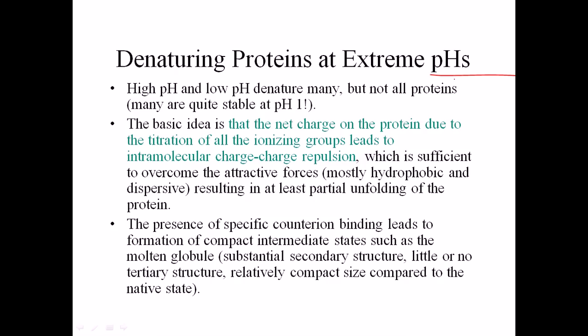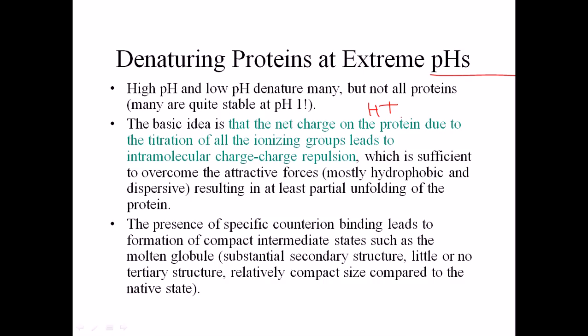If we increase the pH, we are making the hydrogen ion concentration lower and the OH minus concentration higher. It is going to affect the charged amino acid sequences in the backbone. They are going to ionize, and that leads to intramolecular charge repulsion.